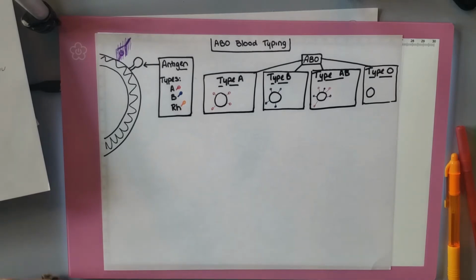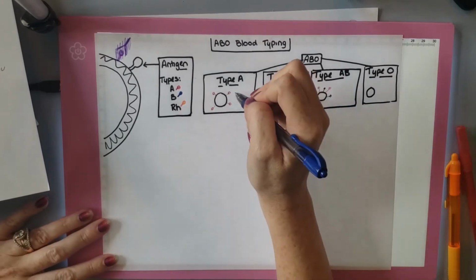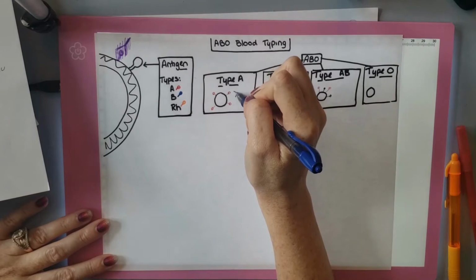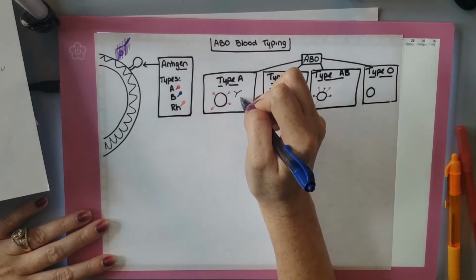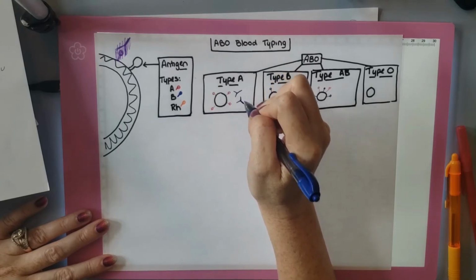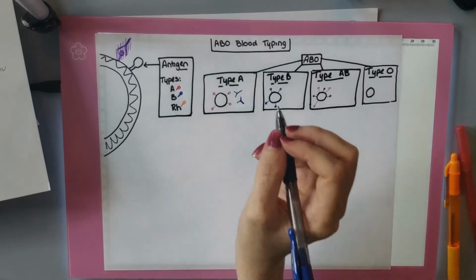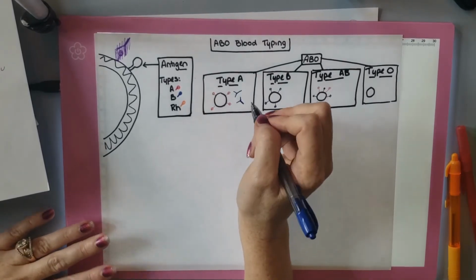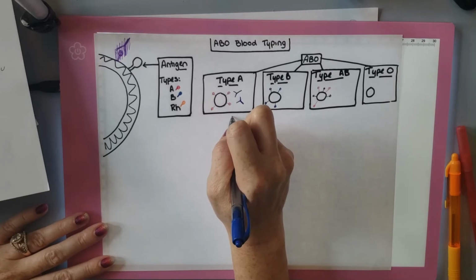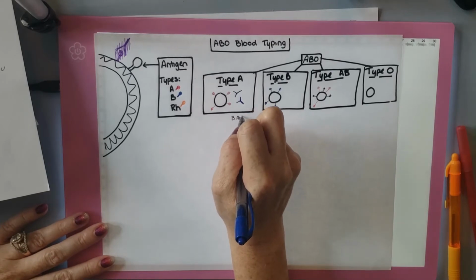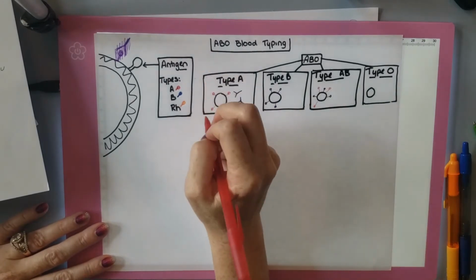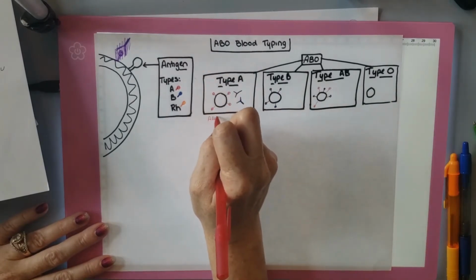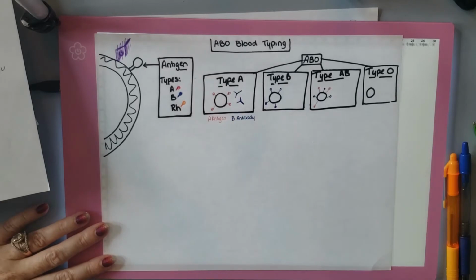Because that would just kill our own cells. So what we do instead, someone who's type A will make anti-B antibodies, I'm sorry. So here they have B antibody and A antigen.